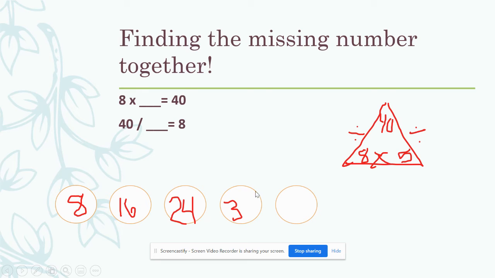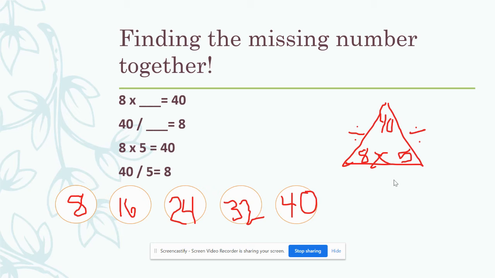Okay, so now I have 4 groups of 8, so that's 8 times 4, that would be 32. Okay, I'm not at 40 yet, so that means I need one more group of 8. So now I have 5 groups of 8, and that would mean 40. So that means your answer is 5. 8 times 5 equals 40. And then same thing, 40 divided by 5 equals 8.